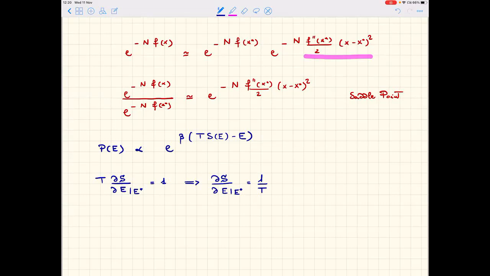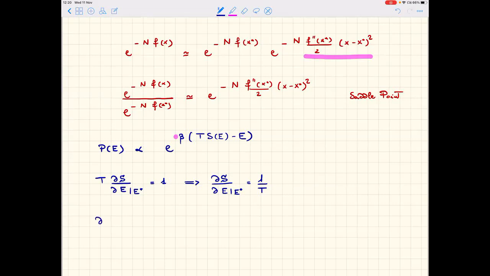Now, in addition to this, since here I have a plus sign, I have to have that the second derivative of this function should be negative because I want to have a maximum instead of a minimum. All right, so what is the second derivative?